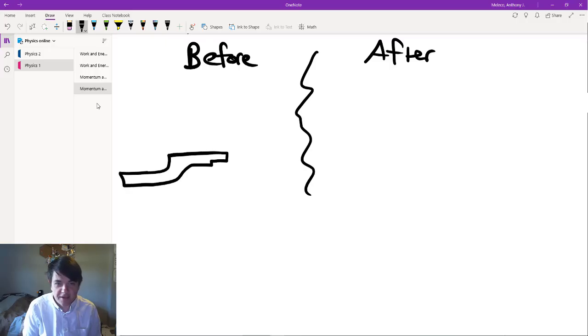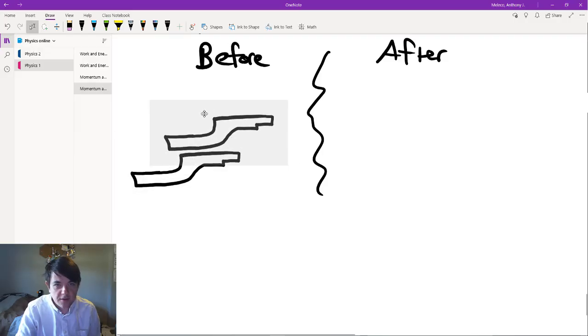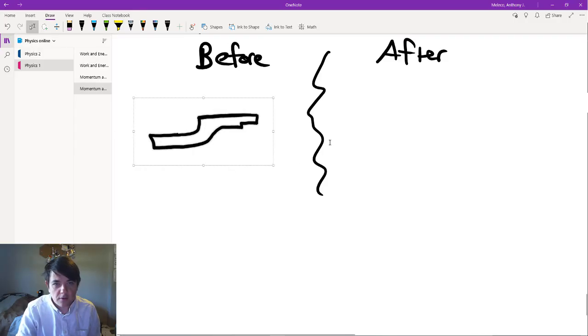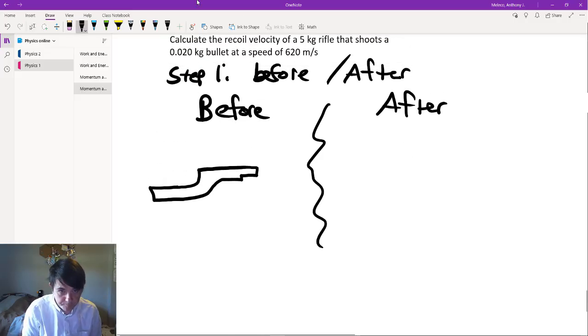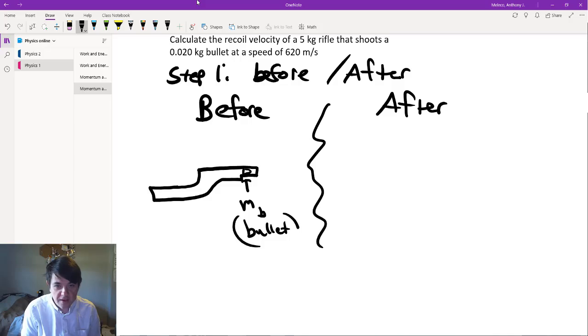That's kind of a rifle, I guess. That's our bullet, so we'll call the mass of the bullet MB. And this can be MR, mass of the rifle.